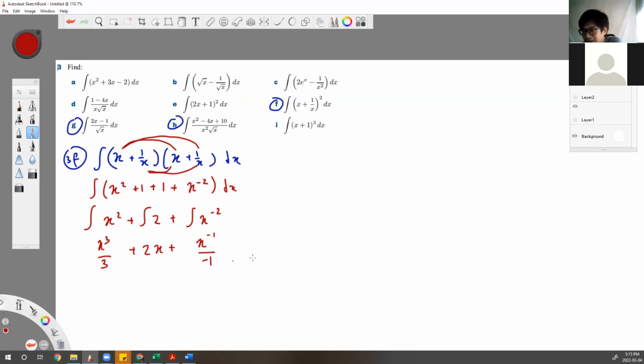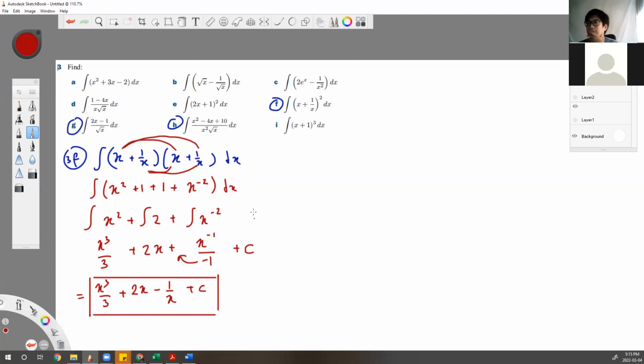And c. This is the important thing. I think your teacher will omit your score if you don't put the plus c. So done: x cubed over 3 plus 2x minus 1 over x plus c. That's it. That's for question 3F.